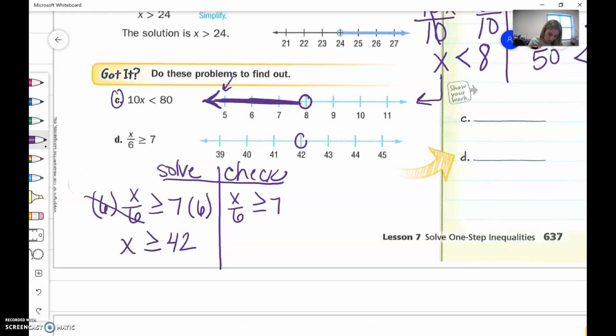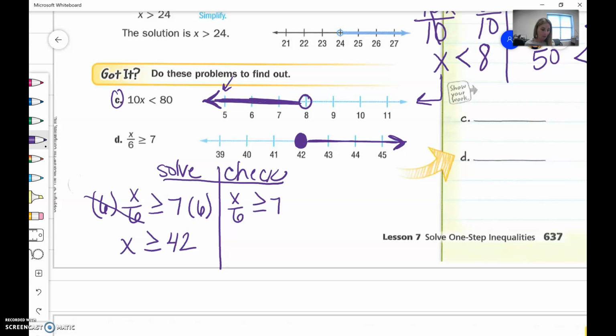So 42, is it included in the solution? Yes, it is a closed dot because it's got that equal sign underneath, and my x is going to be greater than 42.